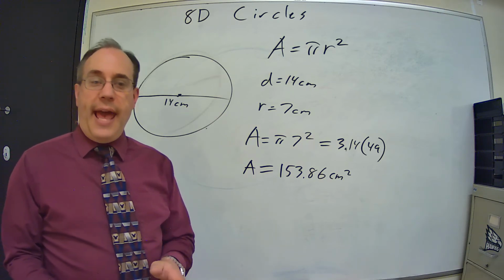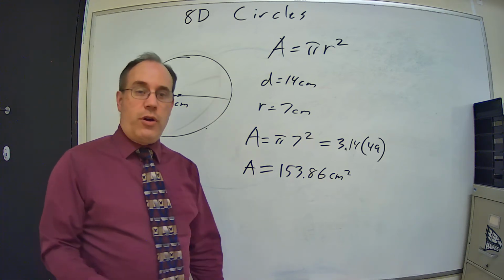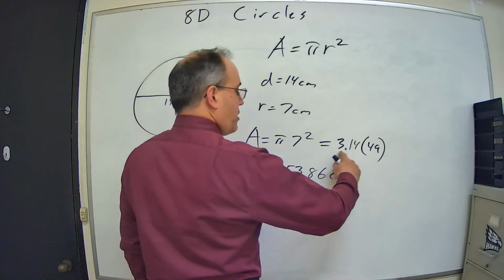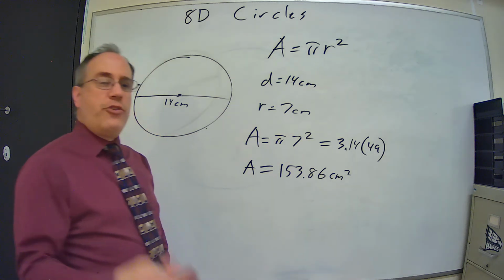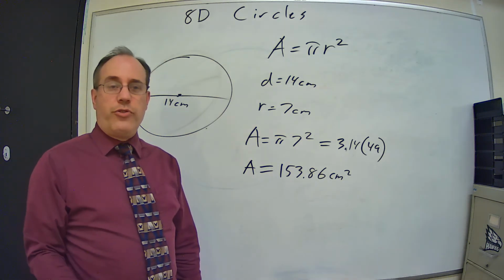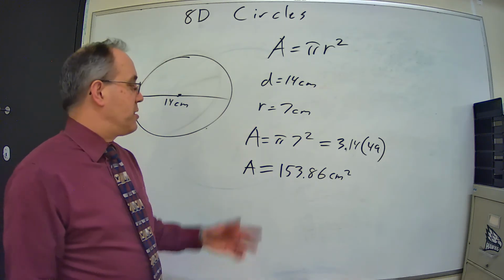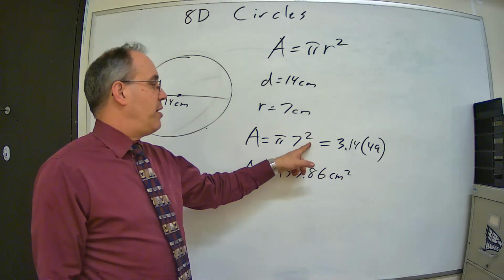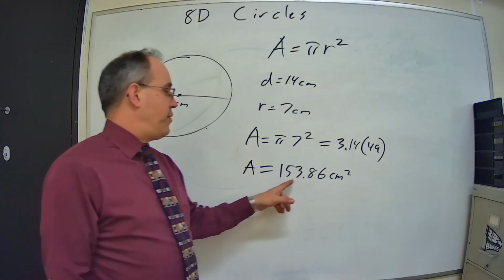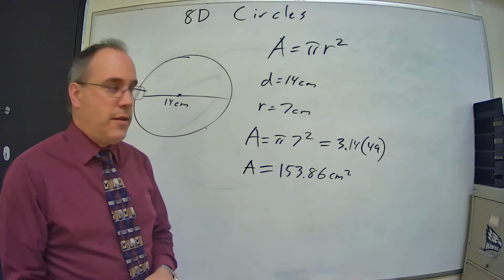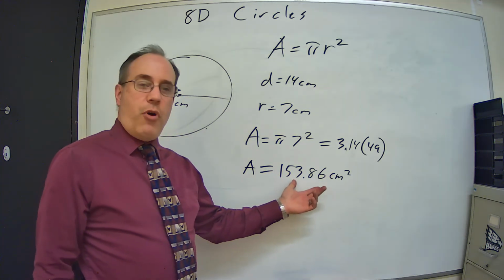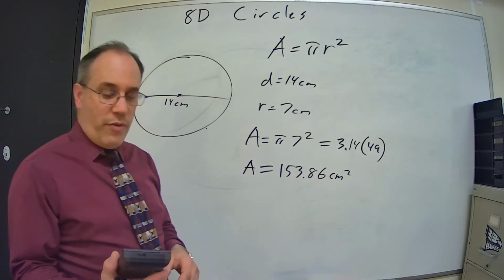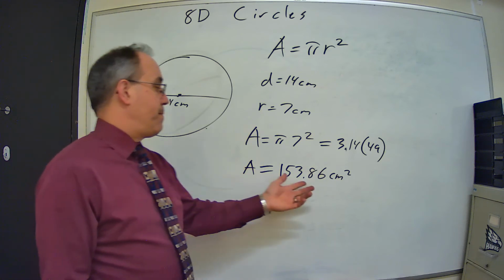Either one is okay. Just make sure that if you are using the approximation 3.14, that you show that when you're doing your work. Because if you don't, if you put area is equal to pi times 7 squared, and you come out with 153.86, then that's going to be wrong, because if you took pi times 7 squared, you'd get 153.94.